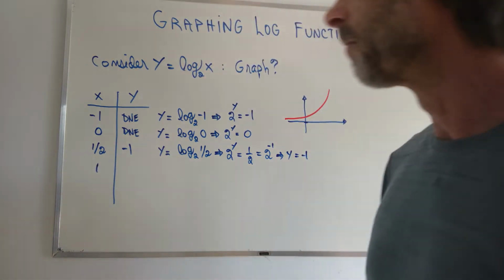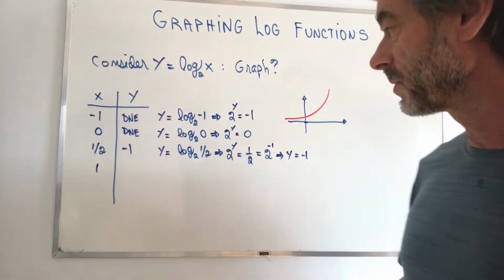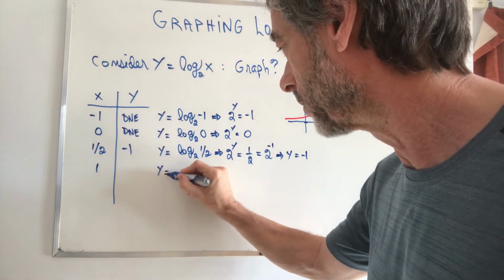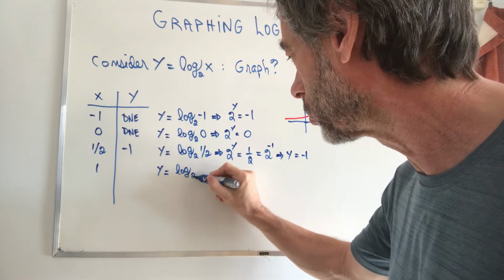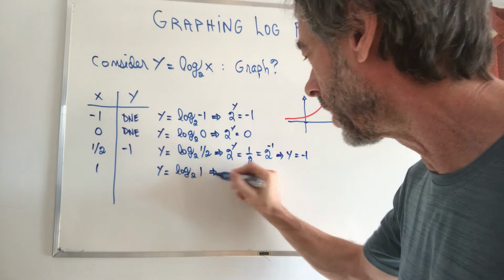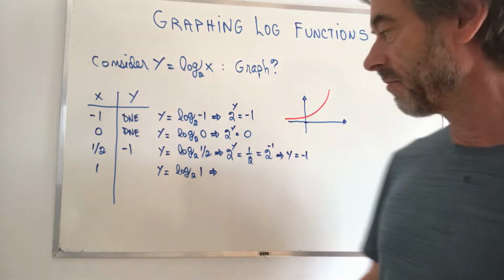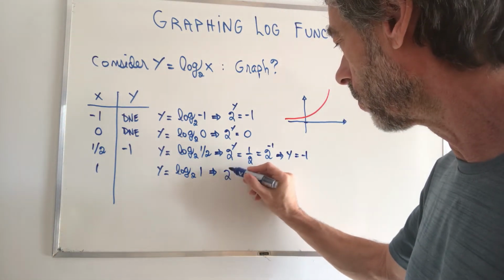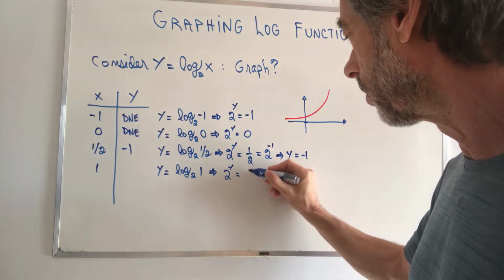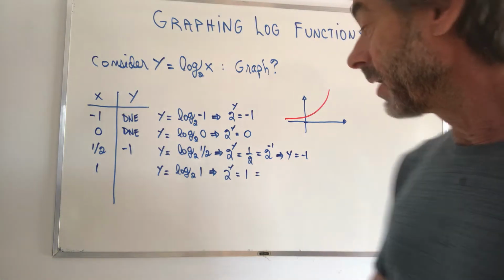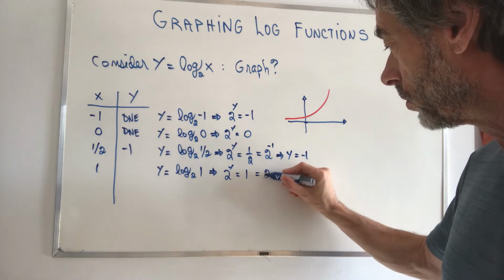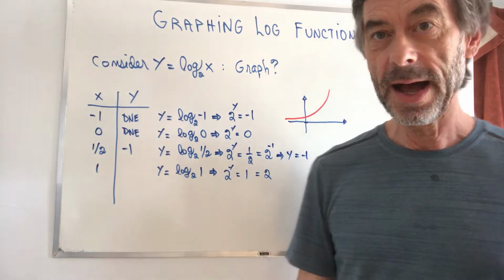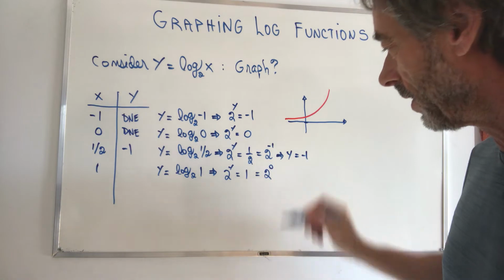Let's try 1. What would be the y value when x is 1? I don't know. So log base 2 of 1 is what I am looking for. So 2 to the y equals 1. But as we may know, 1 is actually 2 to what power? 0. 2 to the 0 is 1.